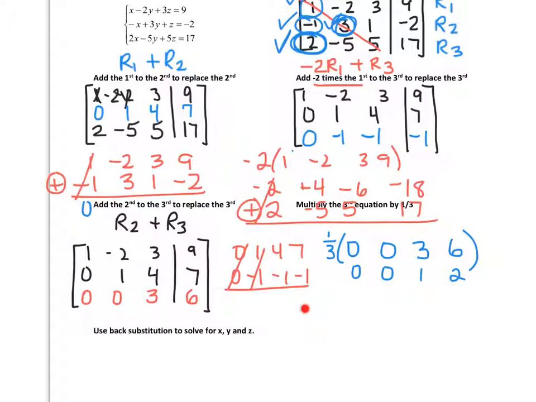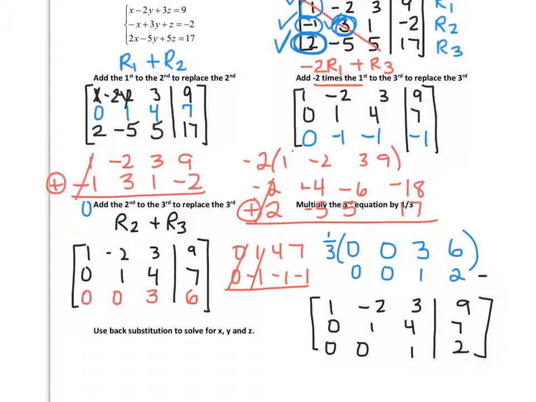So I have a new matrix, 1, negative 2, 3, and 9, 0, 1, 4, 7, and then 0, 0, 1, 2 from up here.